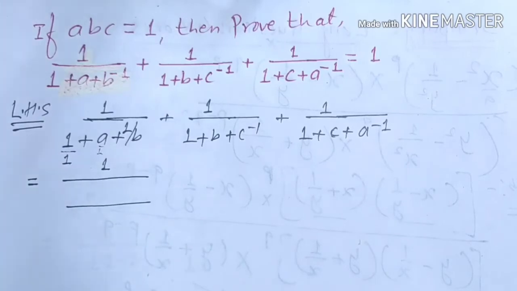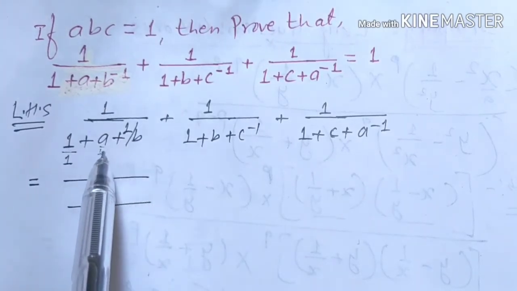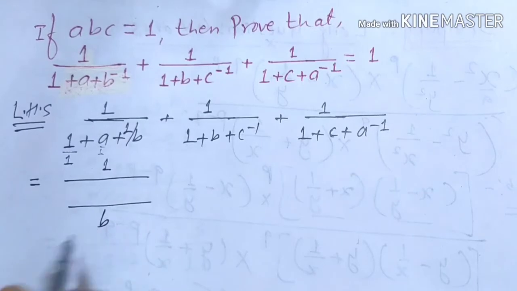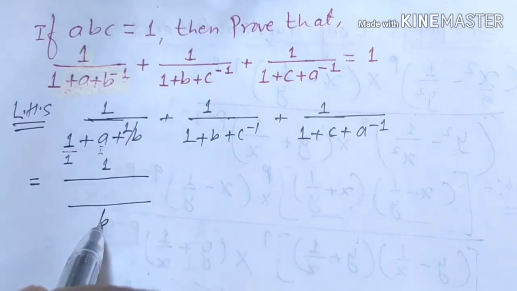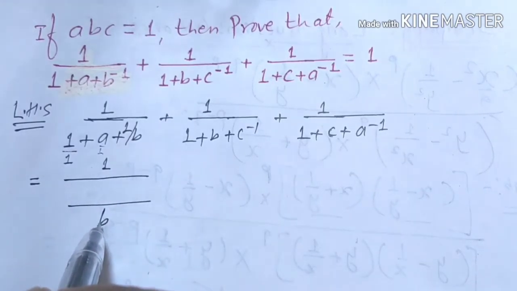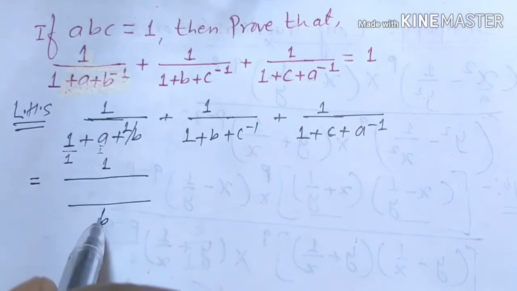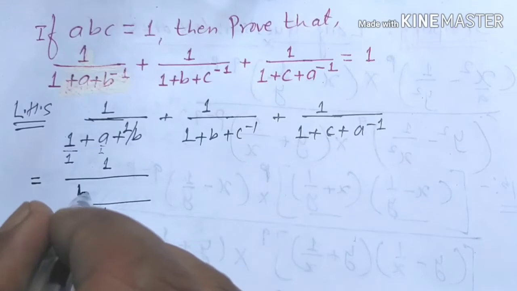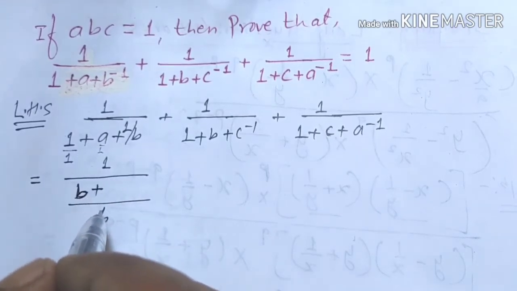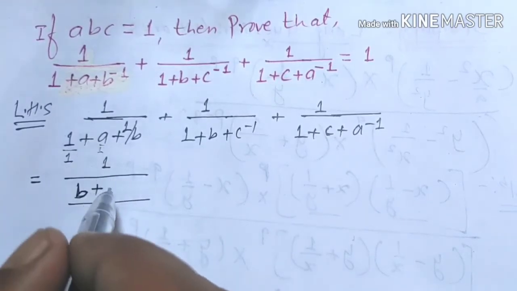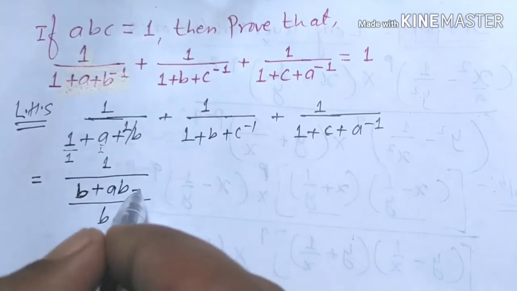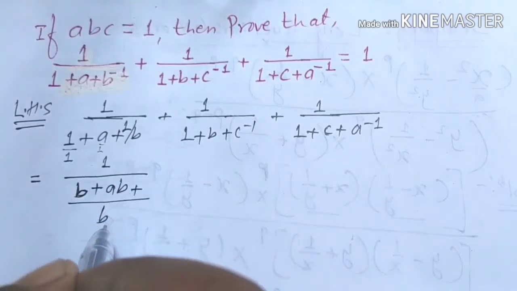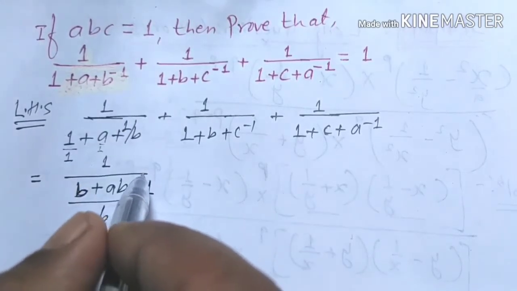Now we take the LCM between B, 1 and 1, so B will be the LCM. This B is not divisible by A, so B directly multiplies with A: B ones are B, B ones are B. Similarly, B times A is equal to AB. Now when B is divided by B, the remaining term is only 1.